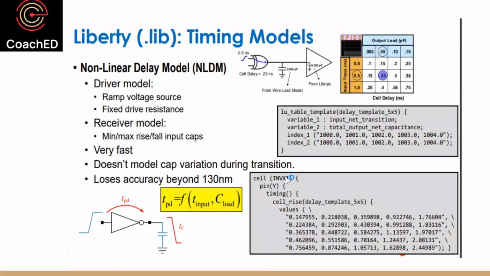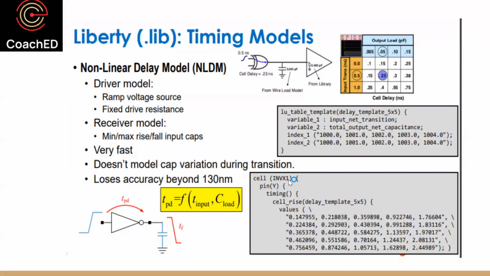And X1 means what kind of drive it is, which means how it is sized. The person who may have designed this circuit may have sized it in a specific way, and may have called that specific version of the circuit X1. Usually X1 means that's your baseline inverter, and the next one, X2, means it's double of X1 and so on. That's usually the general nomenclature followed by the industry.